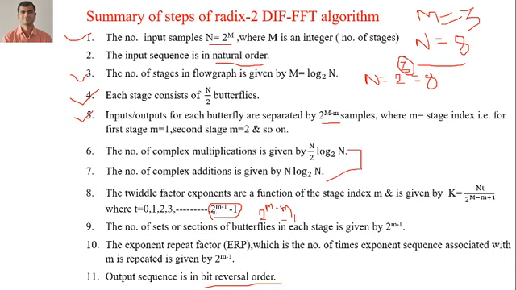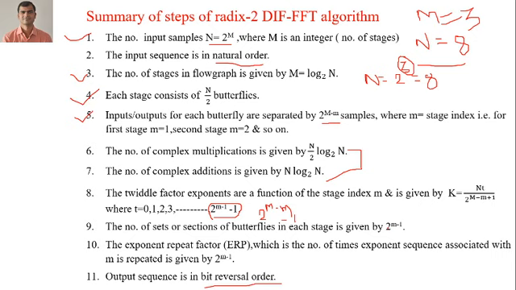So here it is not 2 raised to m minus 1 minus 1, here it is 2 raised to capital M minus small m minus 1. The number of sets or sections of each butterfly is given by 2 raised to m minus 1. So if the value of m is equal to 1, it becomes 2 raised to 1 minus 1, so 2 raised to 0, so it becomes 1.